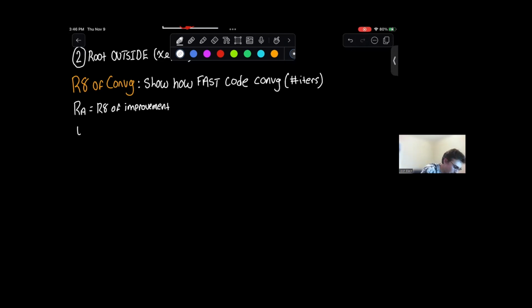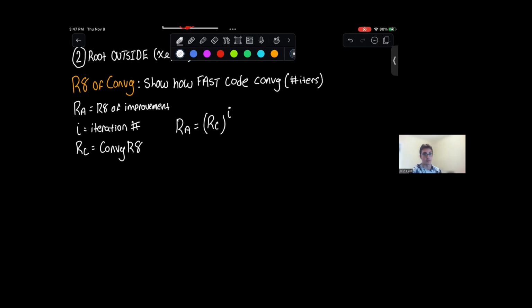We're going to say I is our iteration number, and RC is our convergence rate. So our rate of improvement is equal to our rate of convergence to the power of I, the number of iterations.